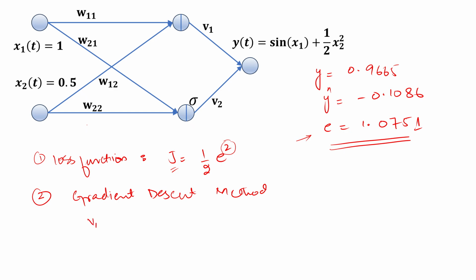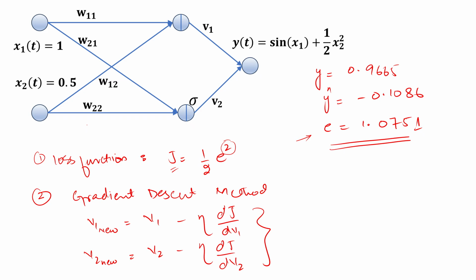V1 new will be equal to V1 minus eta times the derivative of loss function with respect to V1. Similarly, V2 new will be equal to V2 minus eta times the derivative of loss function with respect to V2. Okay, this is really simple.